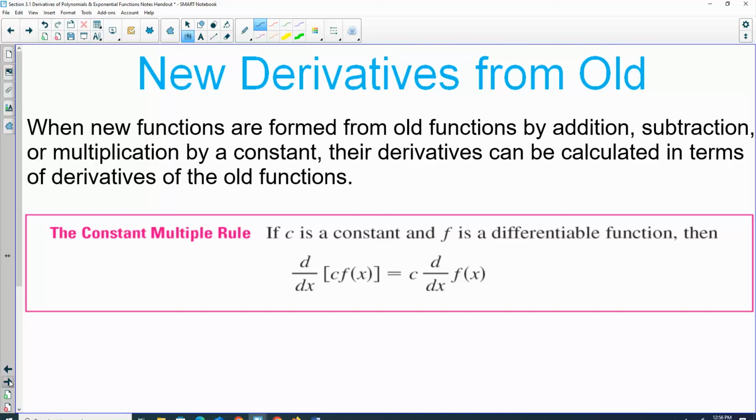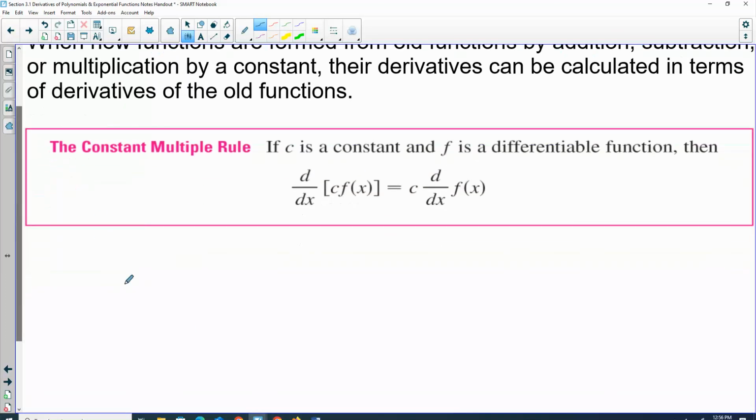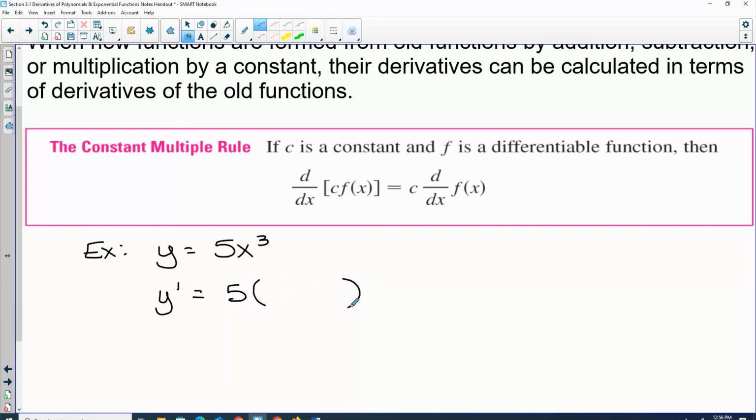So this first rule has to do with coefficients. If you have the derivative of something times your function, you can actually pull that c out in front. Okay, what that means is, for example, if I said y equals 5x cubed, when you do the derivative, all you're doing is 5 times the derivative of x cubed.